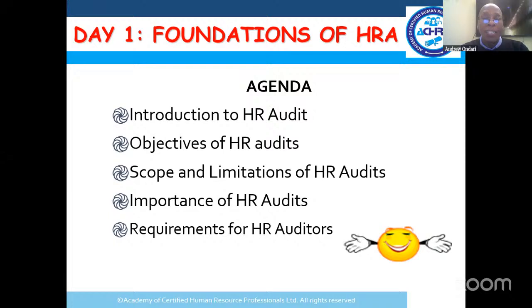And the first aspect we are going to look at is Introduction to Human Resource Audit, where we are going to give a background of what human resource audit is, the areas that we are going to focus on in the audit, as well as the definitions that will be our defining concept.